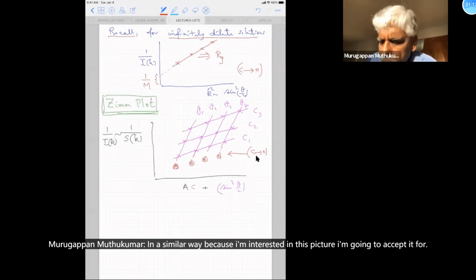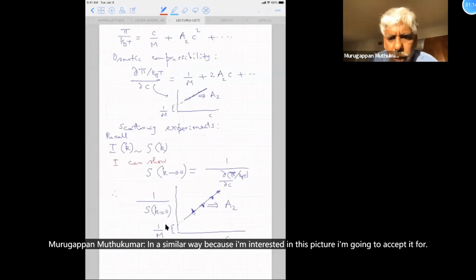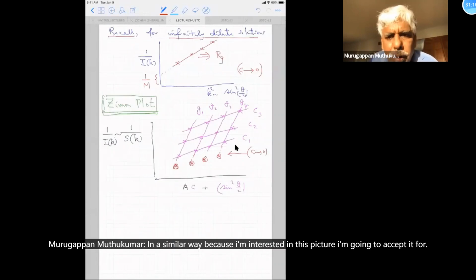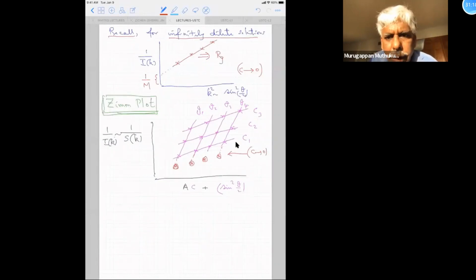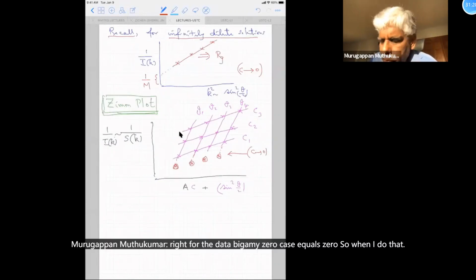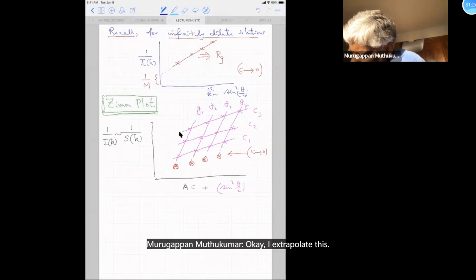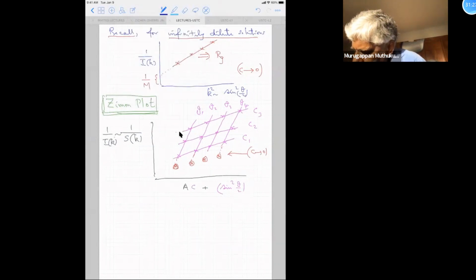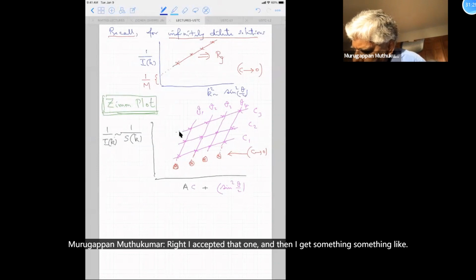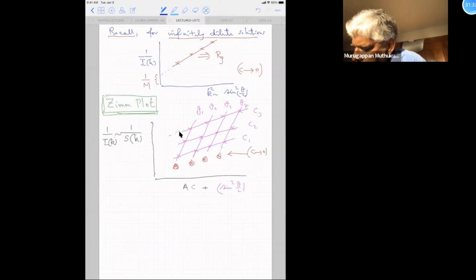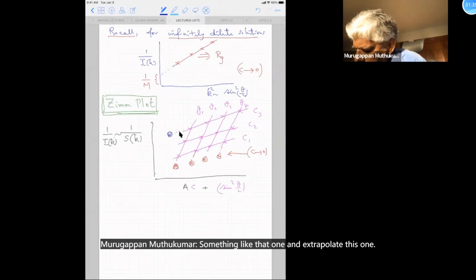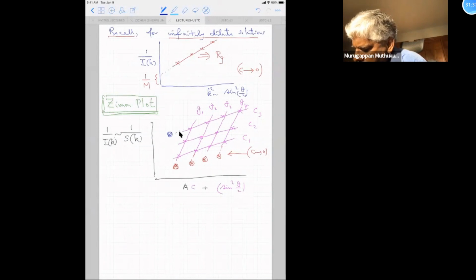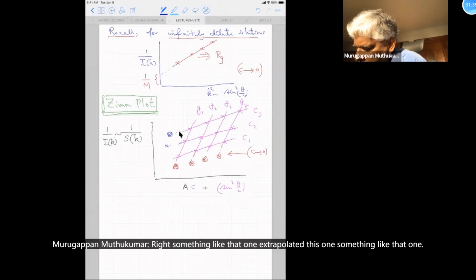In a similar way, because I'm interested in this picture, I'm going to extrapolate for theta becoming 0, K equal to 0. So when I do that, I extrapolate this one, and I get something like that, and extrapolate this one, something like that.